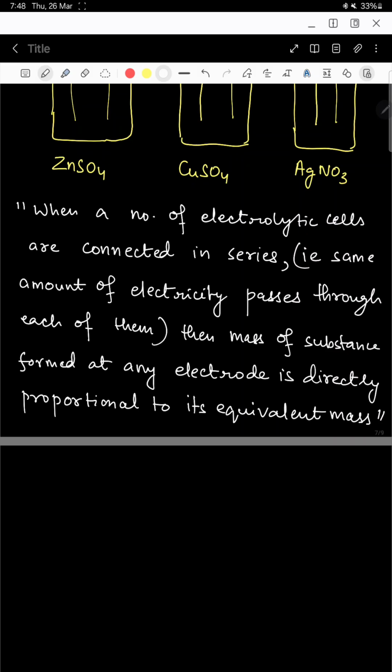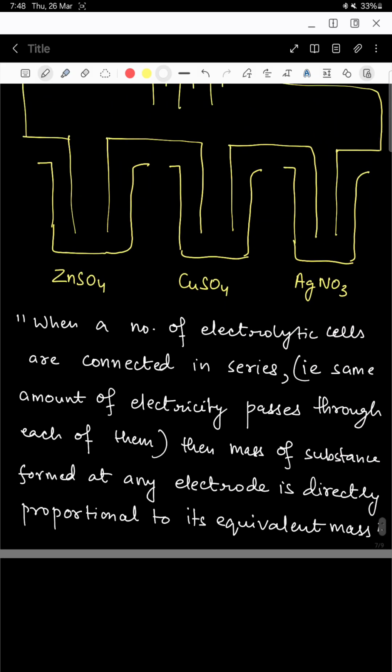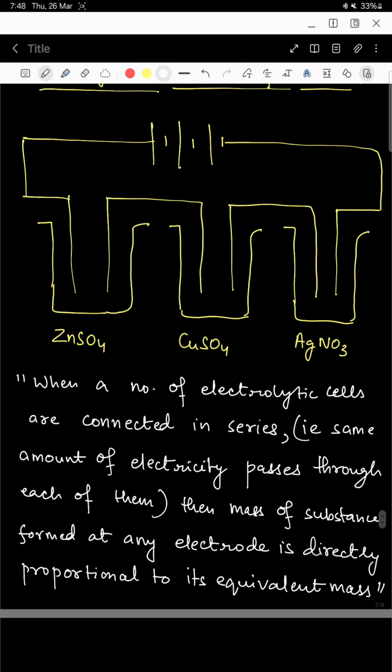So this is the statement of Faraday's second law. Suppose the first cell has zinc sulfate, the second has copper sulfate, the third has silver nitrate, all connected in series. The same amount of electricity is passing through each of them. So the mass of substance formed at any of these electrodes will be directly proportional to the equivalent mass of that substance.